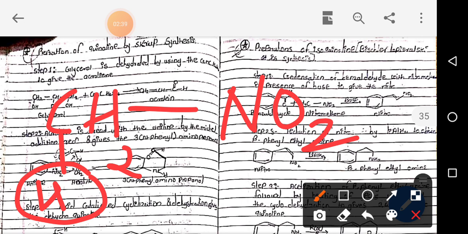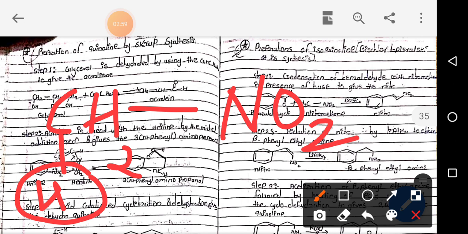It can easily give H plus ions, and even a weak base can be used for that. So by using a weak base, we can easily lose the H plus ion and form the carbanion.